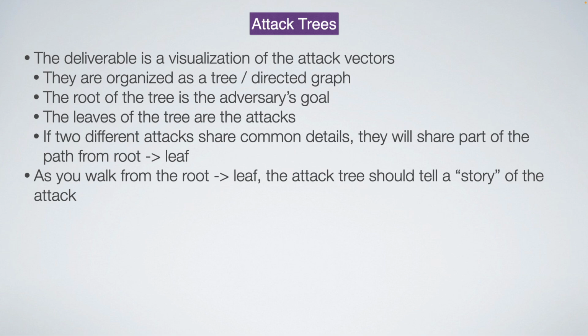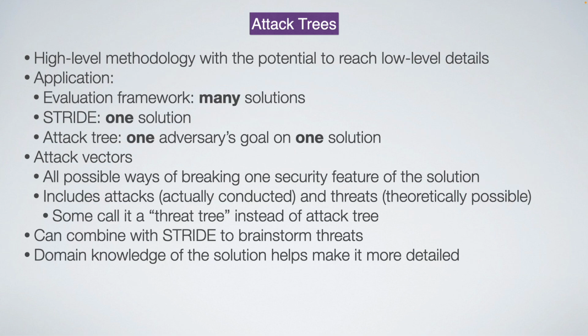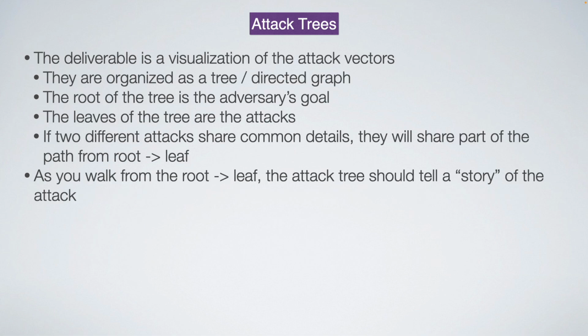Okay, so why is it a tree? So far, it just sounds like a list of attacks, so that's fine. So you can think of it just as, for now, as a list of attacks. But we are going to organize it into what we're calling a tree. And so the idea of the tree is that some attacks are related to each other. Okay, so you'll start with what the adversary's goal is. So the adversary's goal is to break this property of this system. That's going to be like the root node.